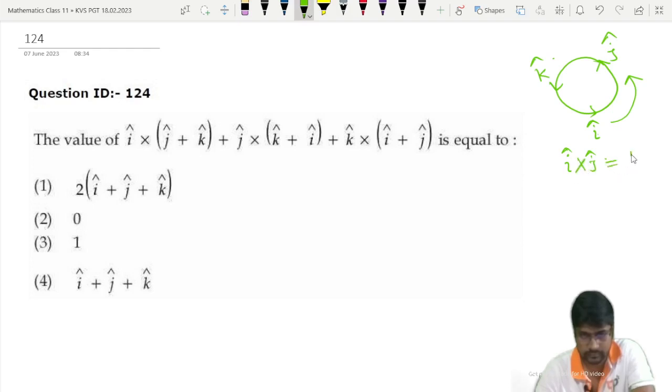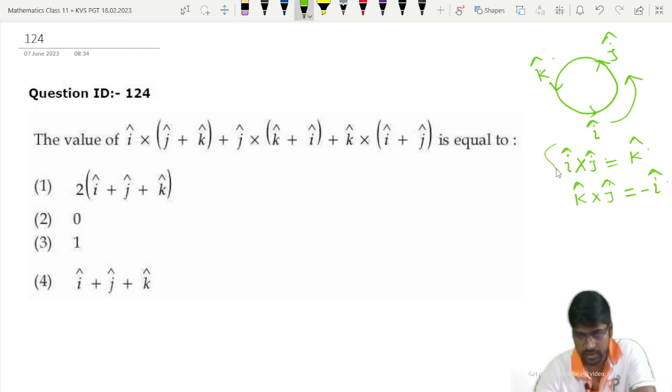So i cross j will be equal to k. Now if you take the clockwise direction, suppose k cross j, then one minus sign will come, that will give you minus i.